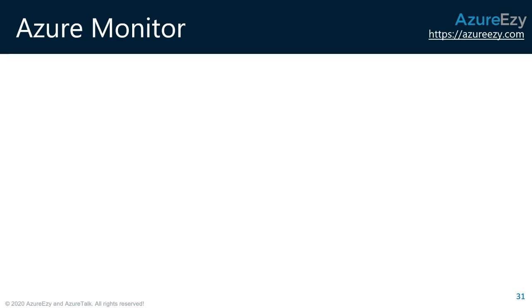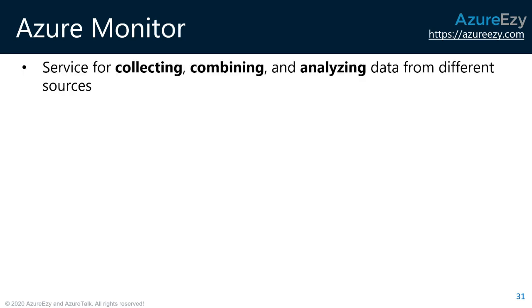In these sections, the very first thing we are going to discuss is Azure Monitor. What is Azure Monitor? Azure Monitor is a service that helps you collect, combine, and analyze data from different sources. What type of data? Generally the logs, events, and metrics.